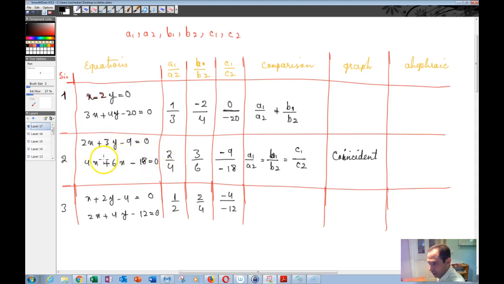Okay, so that's basically coincident, and over here the lines were intersecting.